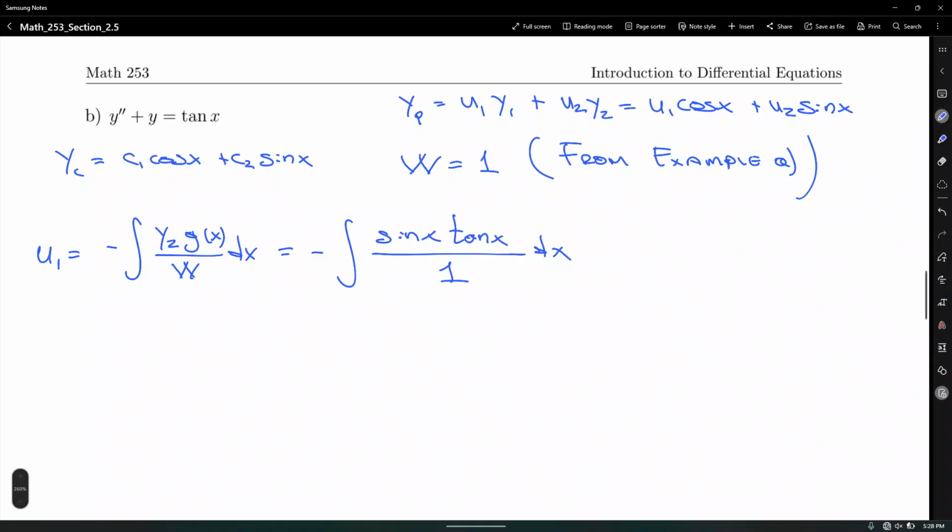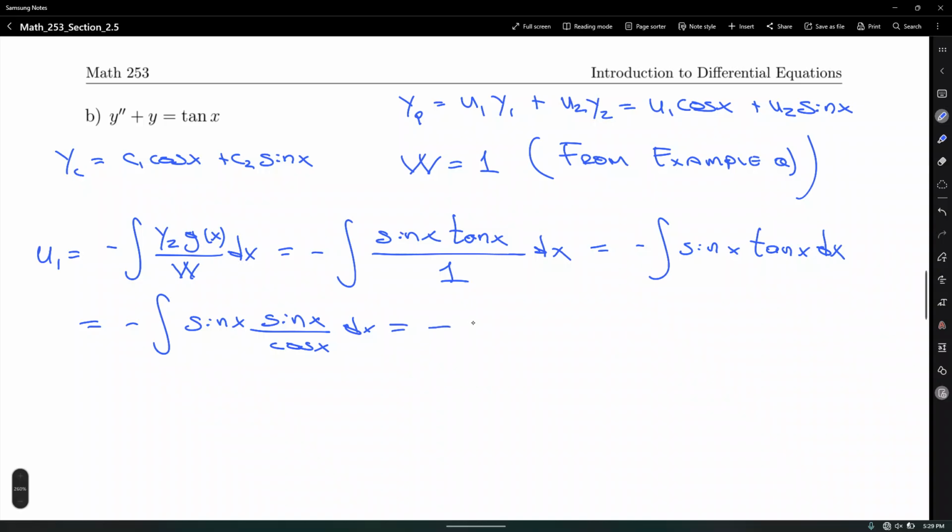A u sub maybe? Can we do a u sub? Well, the derivative of tangent is not sine, the derivative of sine is not tangent, so let's play with the identities, right? So we know negative integral of sine times tangent, and tangent equals sine over cosine, all right?